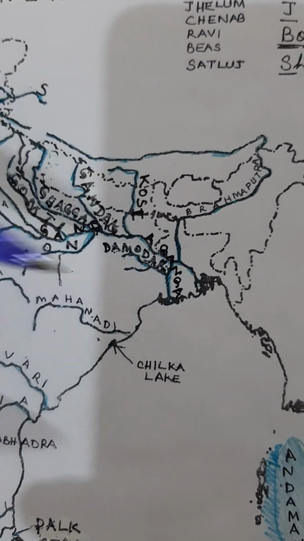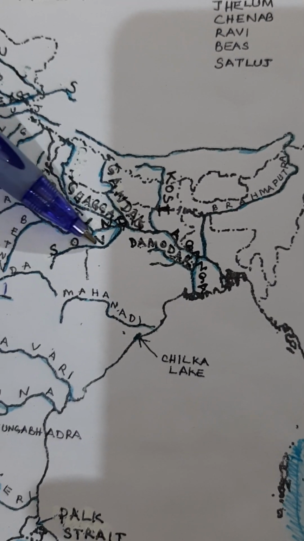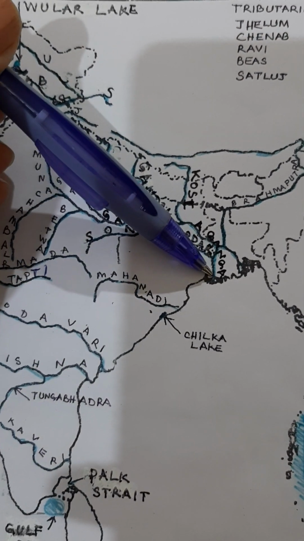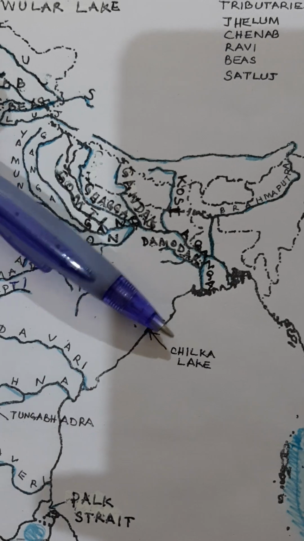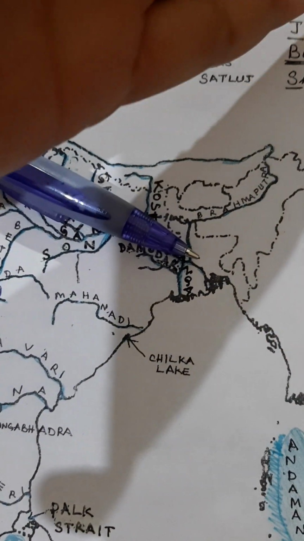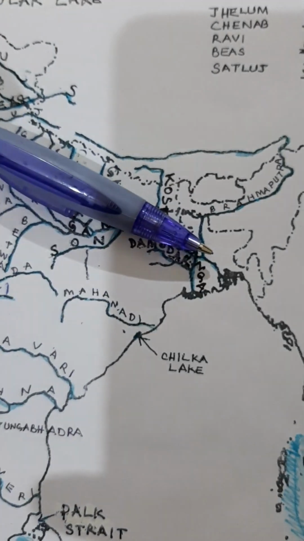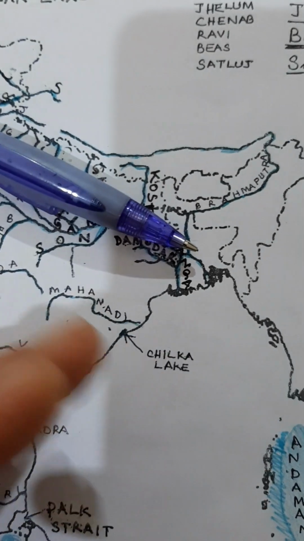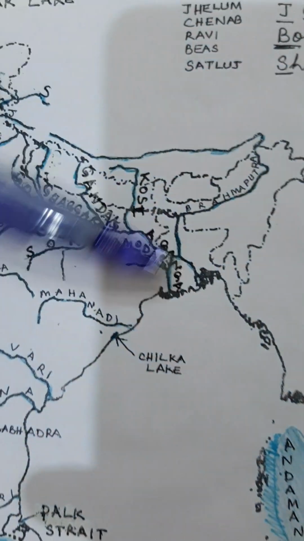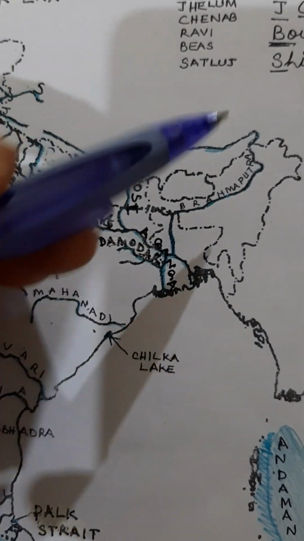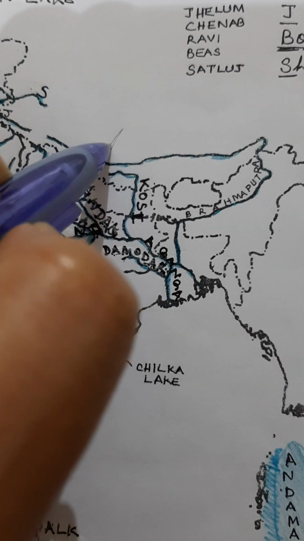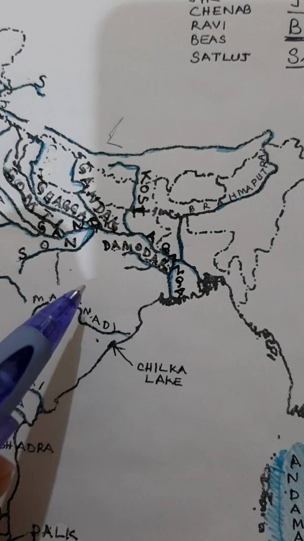Notice the direction of my pencil. Okay, it's moving in this direction. So on the left side, all these tributaries which lie here on the left, they are the left bank tributaries. The ones which lie on the right, now this is the left side, and this side is the right side.